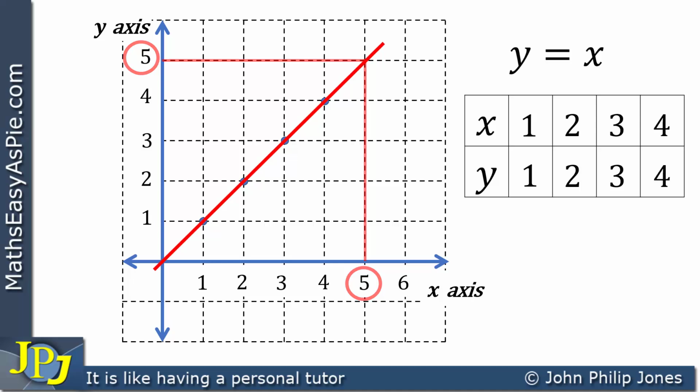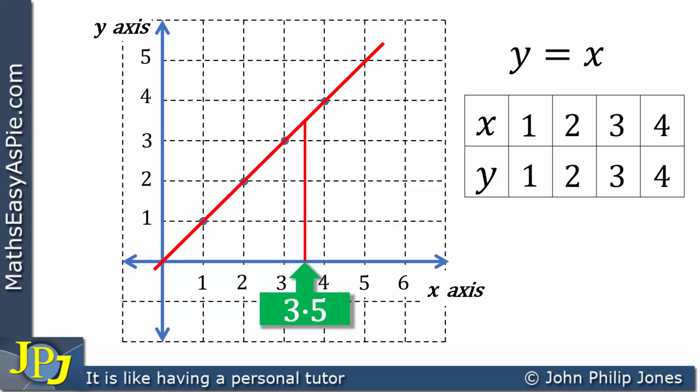Let's consider another example, and on this occasion I'm going to choose this position here between the 3 and the 4. I'm going to choose where x is 3.5. So you go up to the graph, you then go along to the y-axis, and you can see that that is between the 3 and the 4, and in fact that is 3.5. And again, it should be, because remember, y equals x.